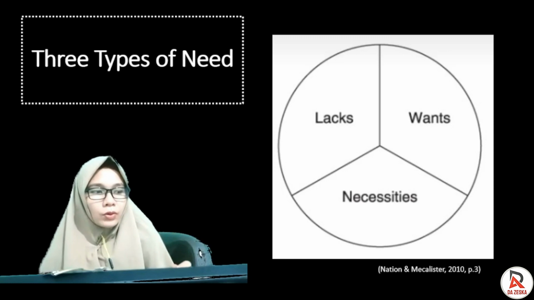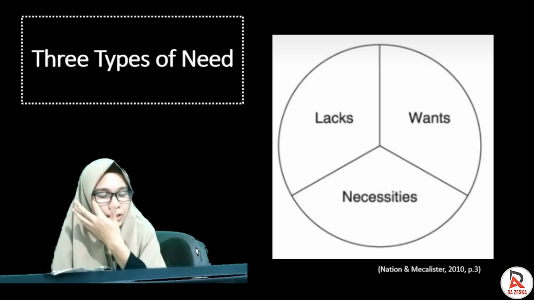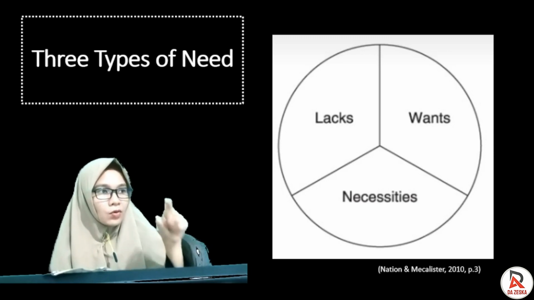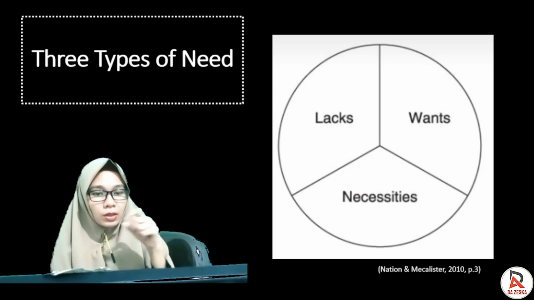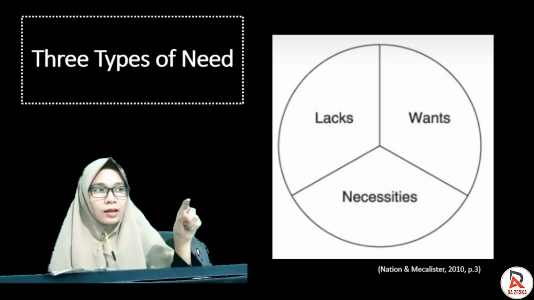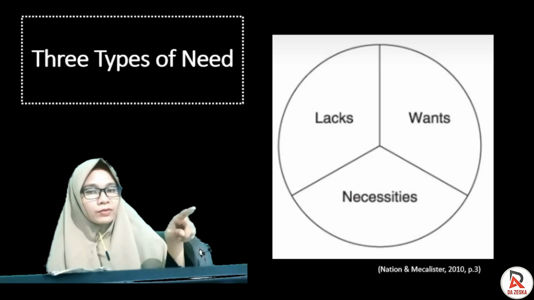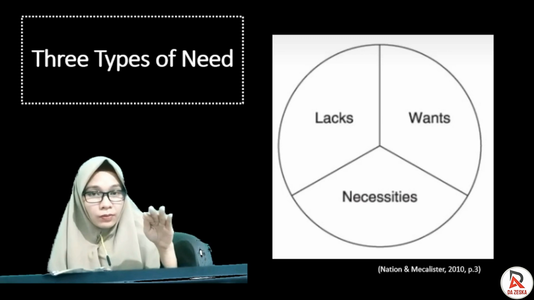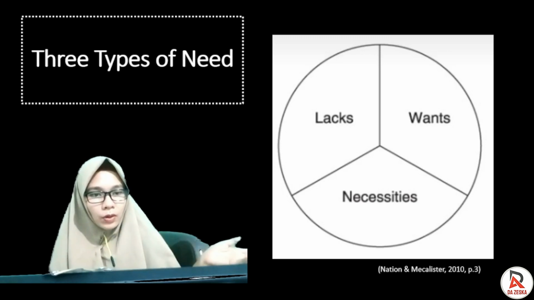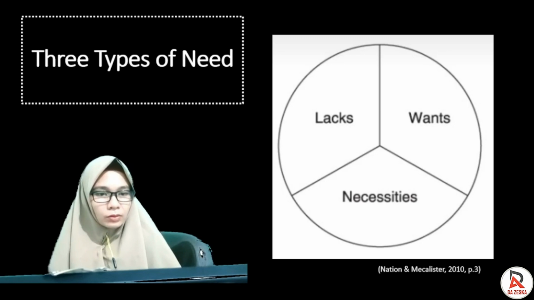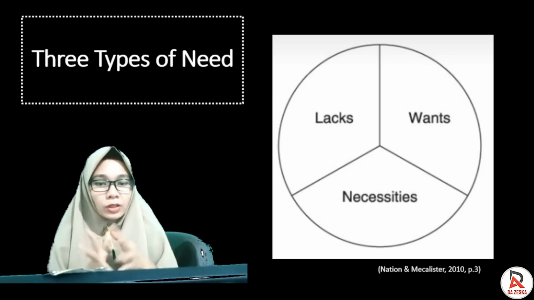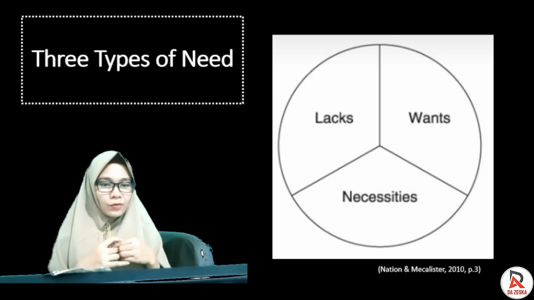So maybe my suggestion is to find the majority, and you think about whether what that majority wants suits the necessity and will not ruin the concept of the competence that you need your students to achieve. Okay, then if those points are fine, then you can have the ones to be implemented in your teaching and learning, for your class.